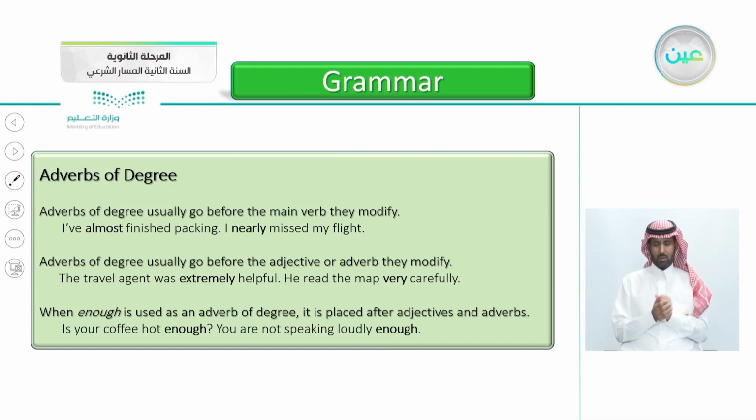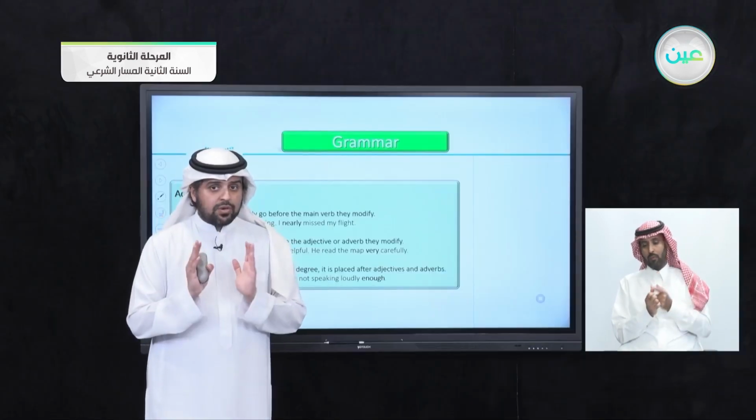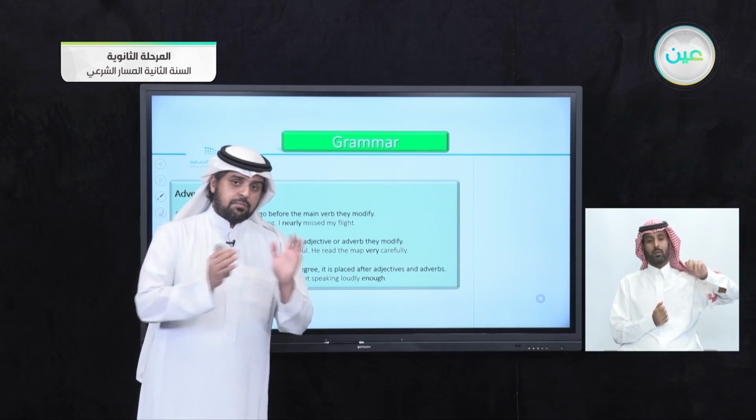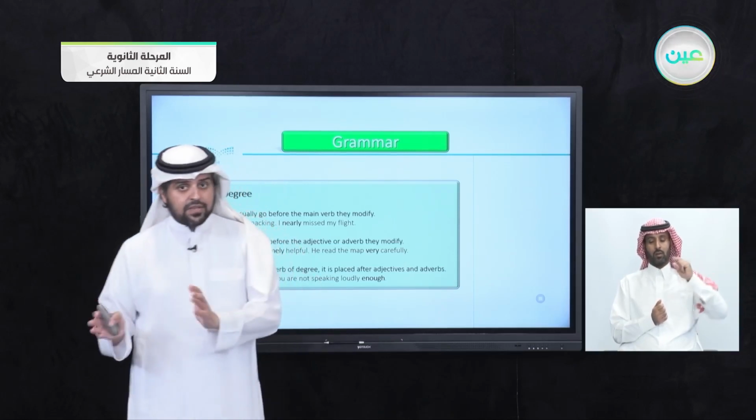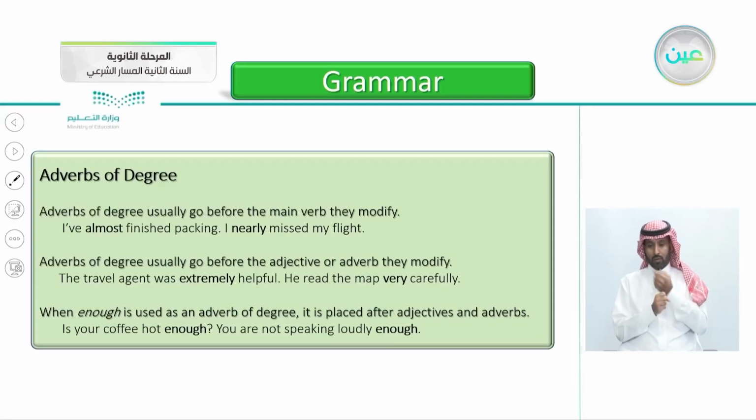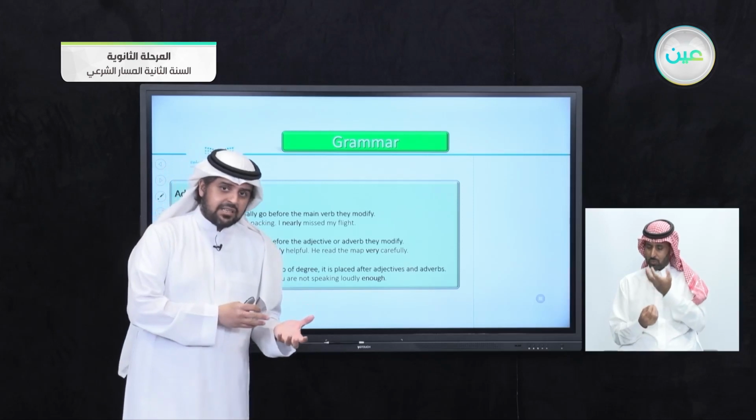When enough is used as an adverb of degree, it's placed after adjectives and adverbs. We're talking just about the word enough here. It doesn't come before, it comes after the adjective or the adverb. Is your coffee hot enough? For example, the coffee is not hot enough.